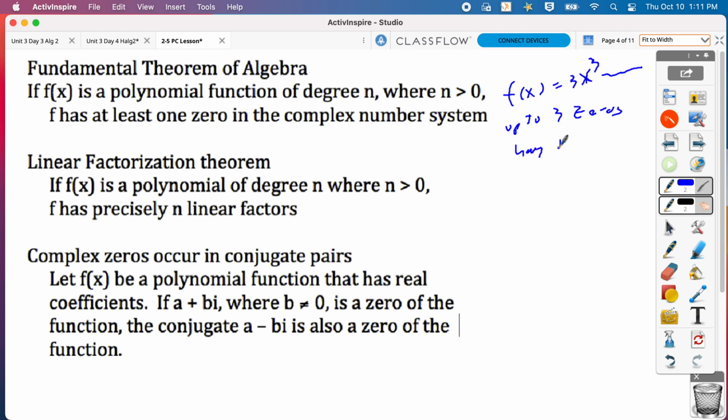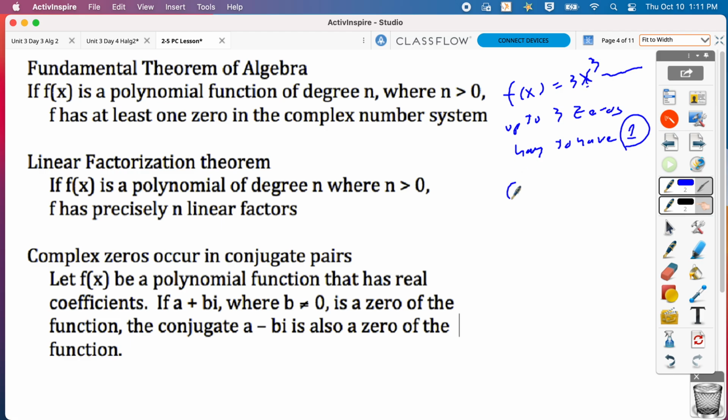All right? That's the rule. Fundamental theorem. We've talked about it. Could have 3, has to have 1. Every polynomial has 1 zero. Could have more, but it has to have 1. The linear factorization theorem says if f of x is a polynomial of degree n, f has precisely n linear factors.